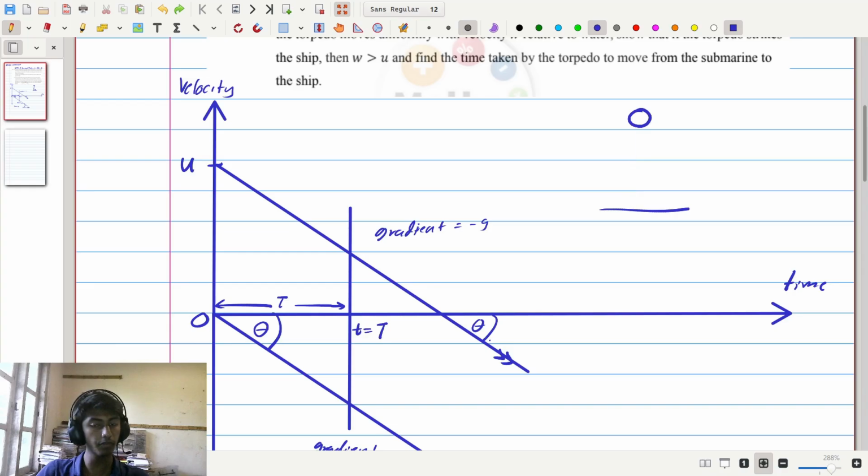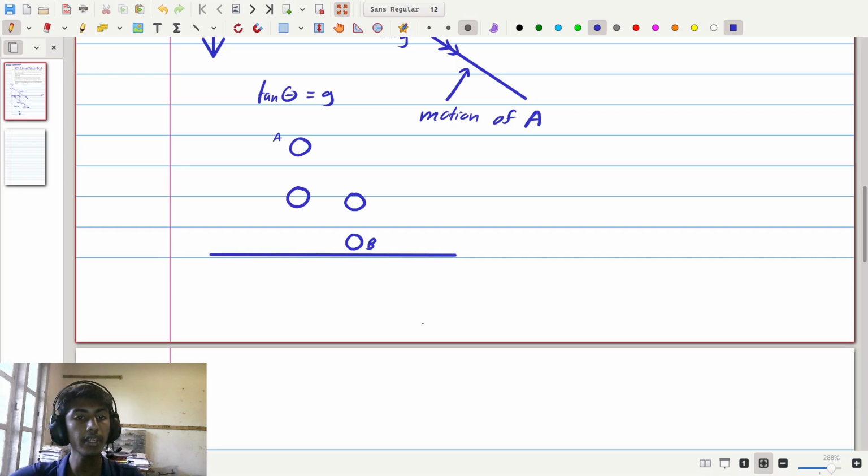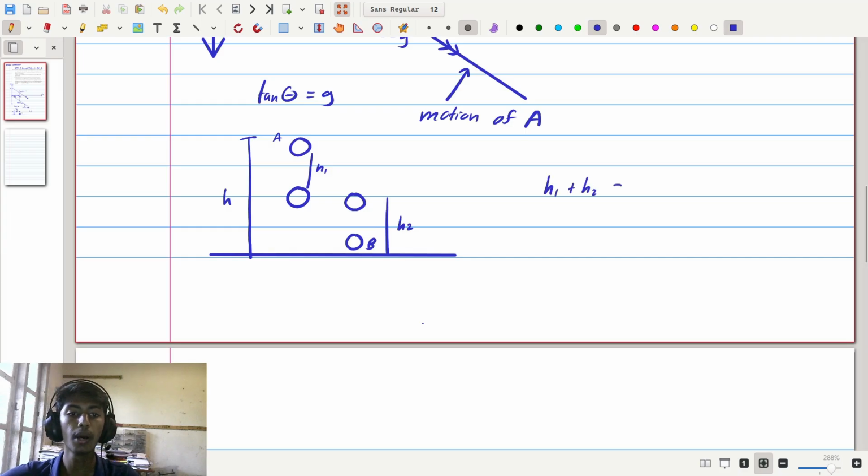So at a certain point, both of these are going to be at the same position, and we can say, if we draw this diagram more nicely, with the ground, and this particle, let's say B, goes up a certain distance, and this particle, let's say A, goes down a certain distance like this, we can see if this total height here is h and this height is, let's say, h1 and this height is h2, then h1 plus h2 must be equal to h, meaning that the total distance fallen by A plus the total distance gone up by B must be equal to h.